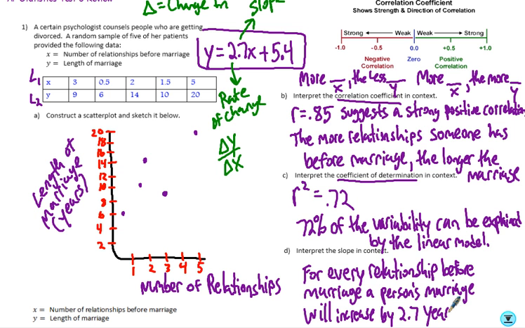So what we can tell is that this pattern is going up. How much is it going up by? Well, our model suggests that for every relationship you have, your marriage is going to last about 2.7 more years. Another relationship, another 2.7 years, right? So that represents our slope.